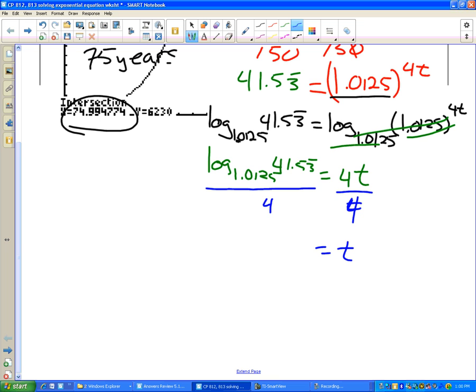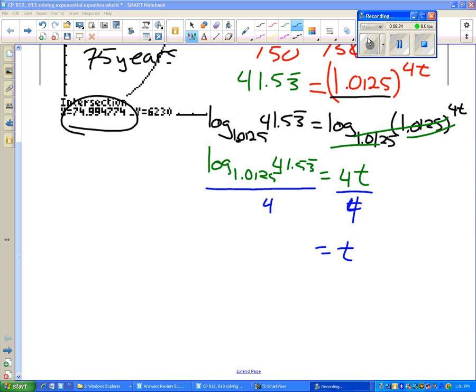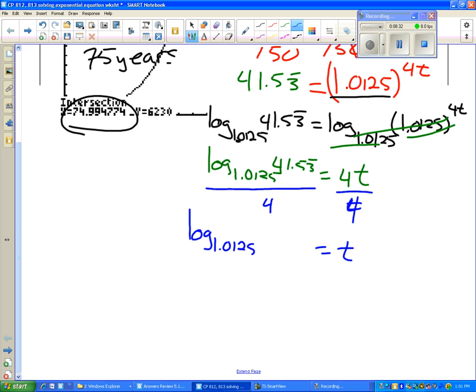So that t is equal to, when I divide by 4, this big log base 1.0125 of 41.53, divided by 4. So at this point, that's t.